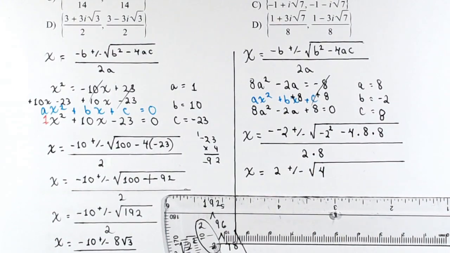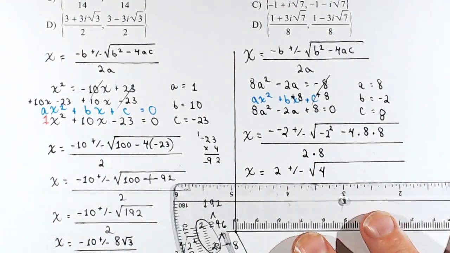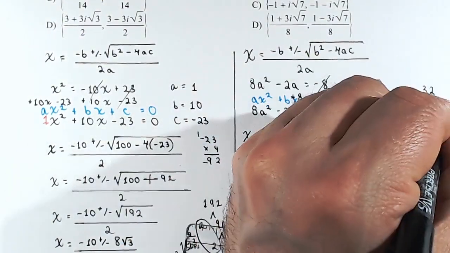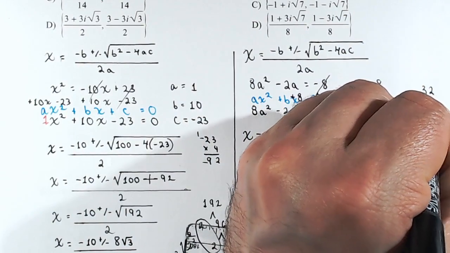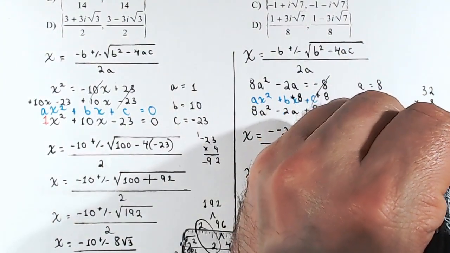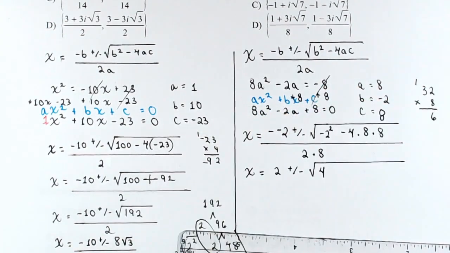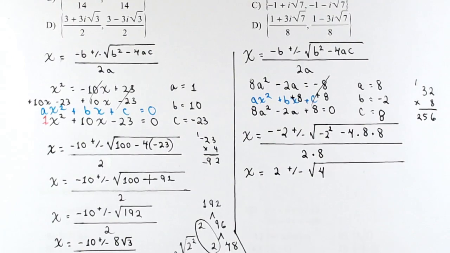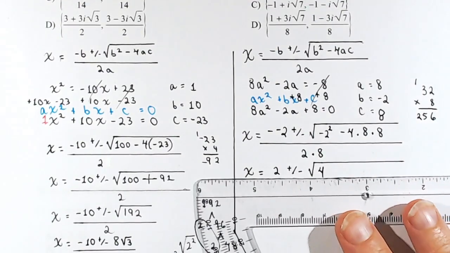We have 4 times 8 times 8. Well, 4 times 8 is 32. And 32 times 8: 2 times 8 is 16, carry the 1, 3 times 8 is 24, plus 1 is 25. 256. So I have 4 minus 256.